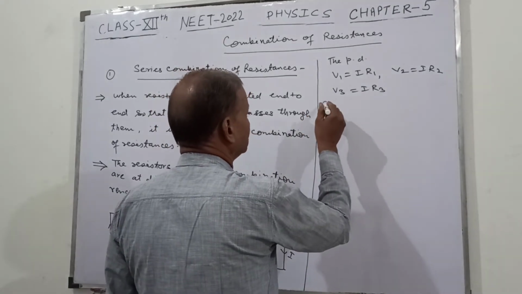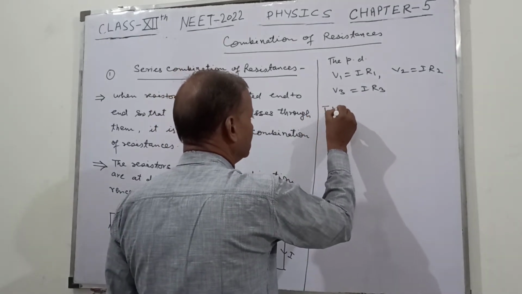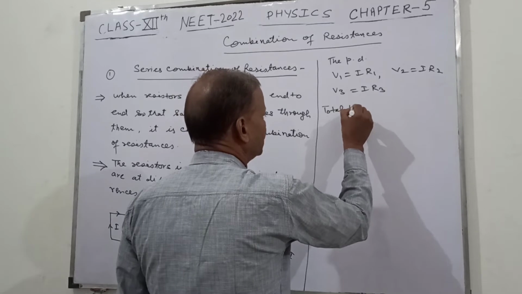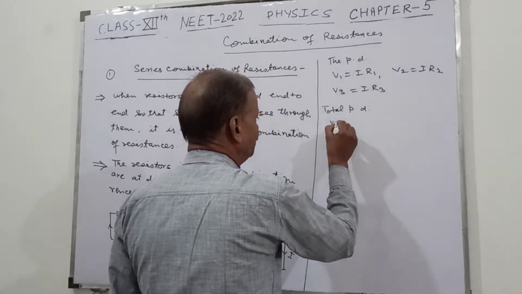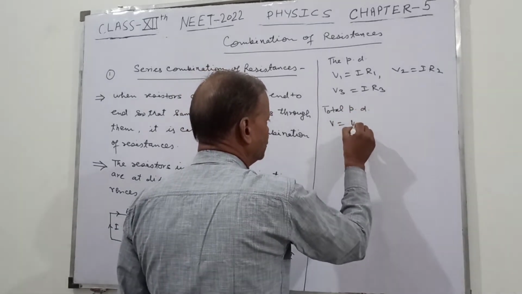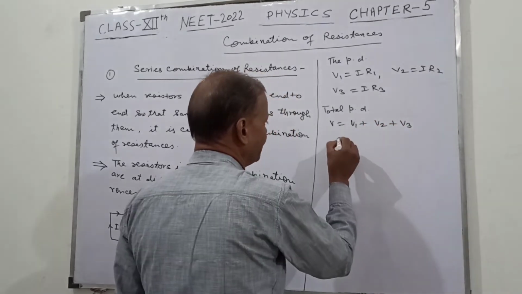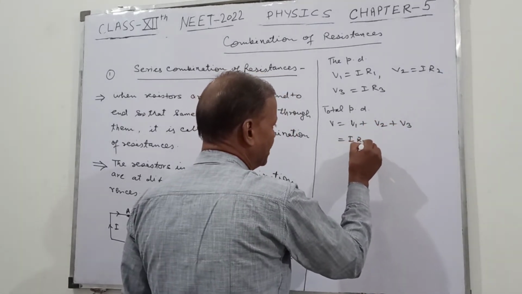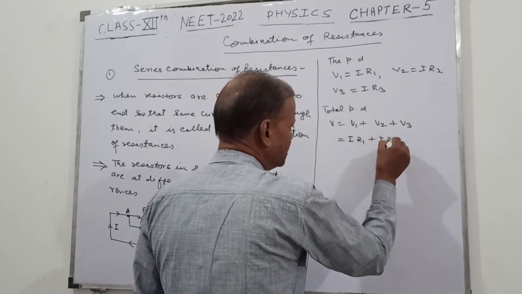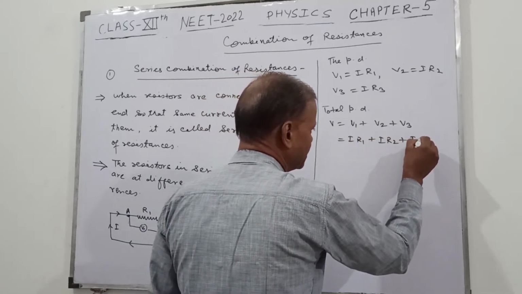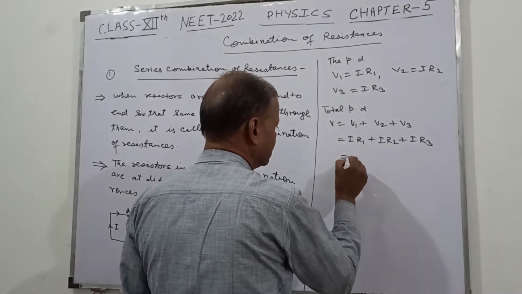So total potential difference V is equal to V1 plus V2 plus V3, and this is IR1 plus IR2 plus IR3.